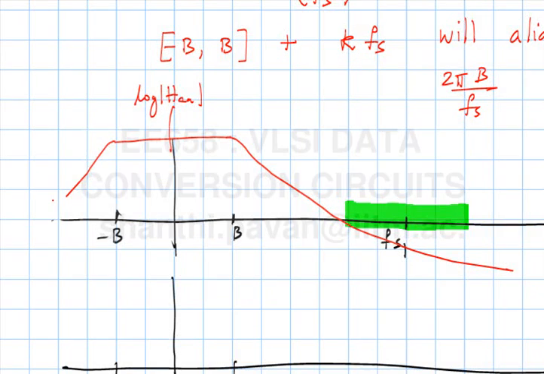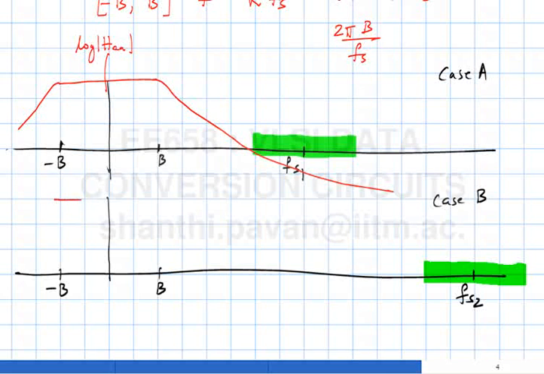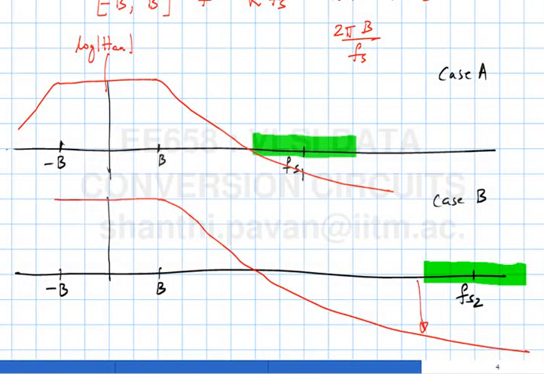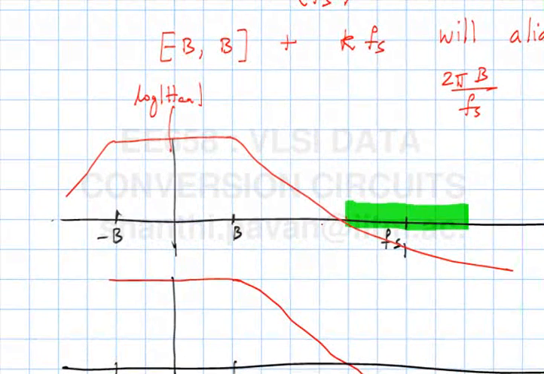A cheaper filter will do, because if I use the same filter, you can see that the rejection I get is much larger when compared to the rejection I get in case A. Does that make sense?